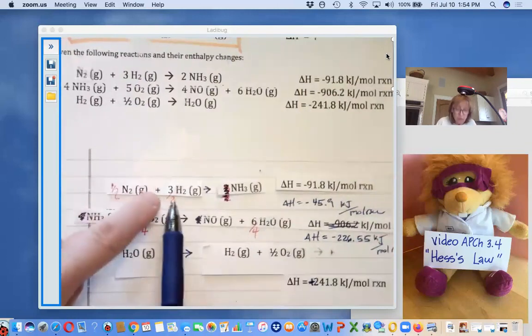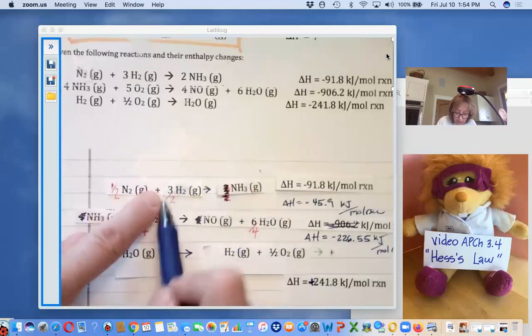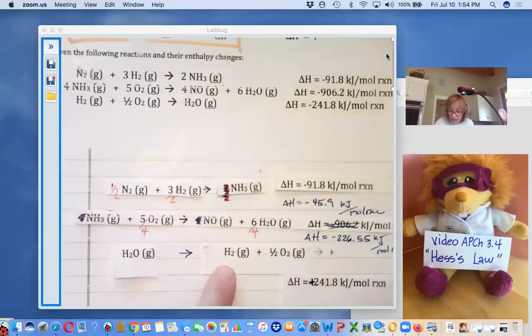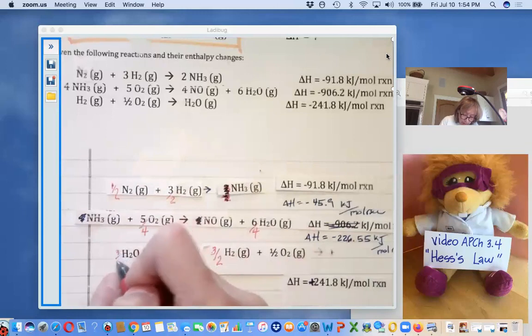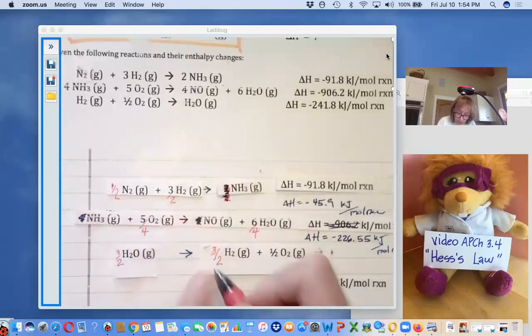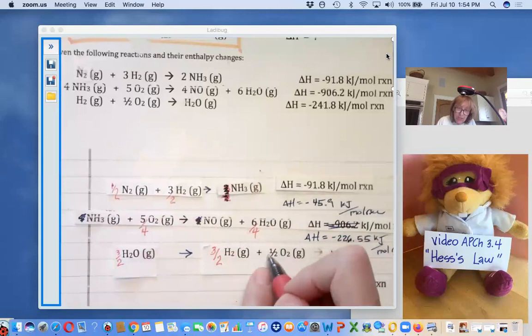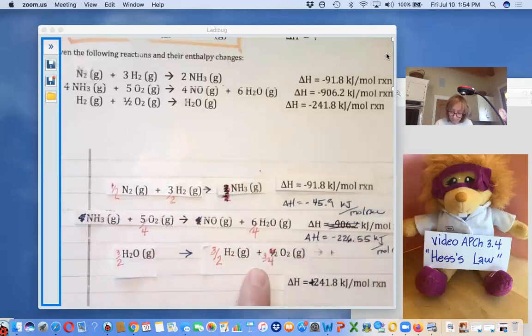I need to multiply everybody through by 3/2 because I have 3/2 hydrogen and I want that to cancel out with 3/2 hydrogen. So let's multiply through by 3/2, 3/2, 3/2, and 3/2 times 1/2 is 3/4. Sorry guys, this one's kind of ugly.